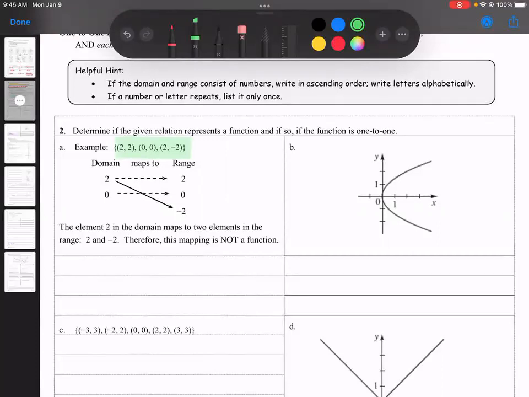So 2 twice. So 2 maps with 2 and then 2 maps with -2, right? So 2 repeated. And you can see the same thing happened when you map it out. So that's the map. So here you map it out. So that's your map.